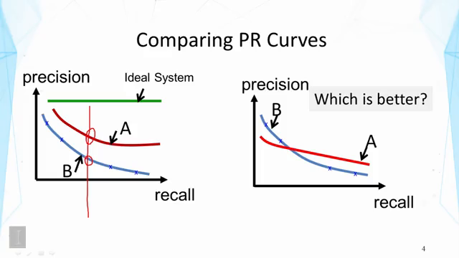Now, if you have thought about this for a moment, you might realize that in this case, it's hard to say. Some users might like system A, some users might like system B. So what's the difference here? Well, in the low level of recall region, system B is better, with higher precision. But in the high recall region, system A is better.